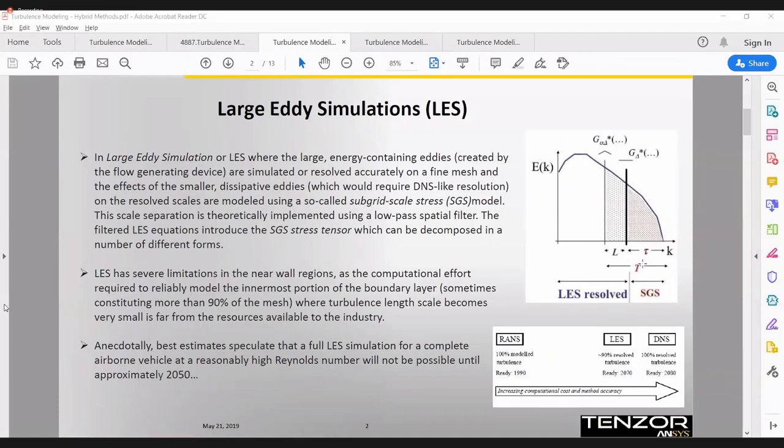By large eddy simulation, it means we put a low pass filter on the wave number spectrum, and what is beyond some kind of resolution we model by a subgrid scale model.